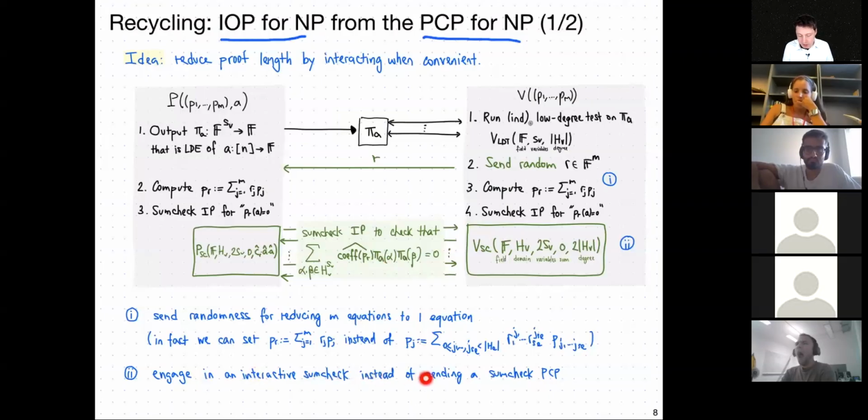We're going to have an interactive sum check instead of sending a sum check PCP. And this is going to be some number of rounds, roughly 2 SV rounds, so polylog rounds, a logarithmic number of rounds.